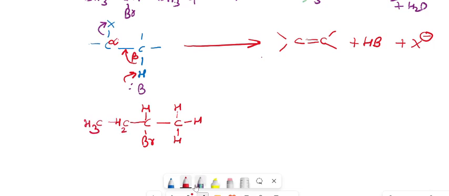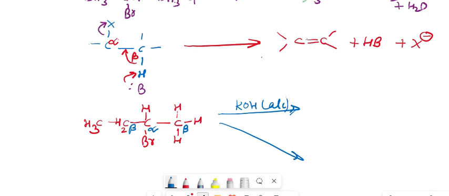This is the alpha carbon, this is the beta carbon, this is also a beta carbon. So there are two beta carbons present here, and when we react it with alcoholic KOH, there are two types of products formed. One is the major product, another is the minor product.